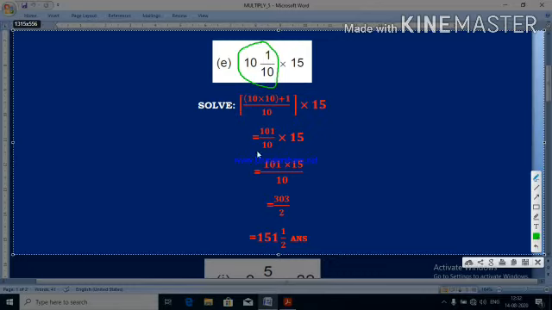In this case we have to cancel with the common factor, that is 5 2s are 10 and 5 3s are 15. So 3 multiplied by 101 is equal to 303 by 2, and when we solve it as a mixed fraction it becomes 151 whole 1 by 2 as the answer.